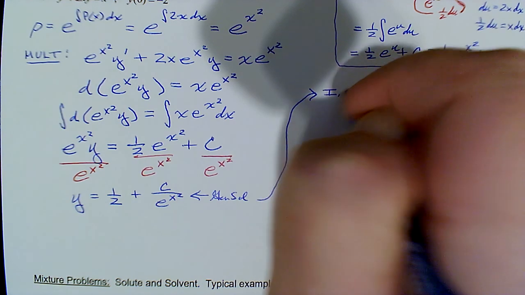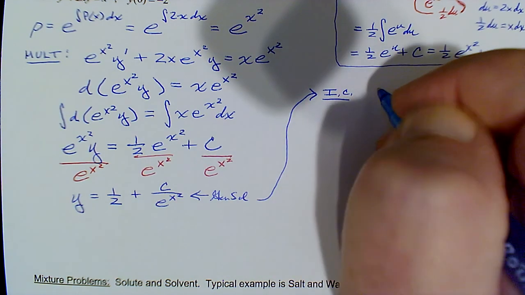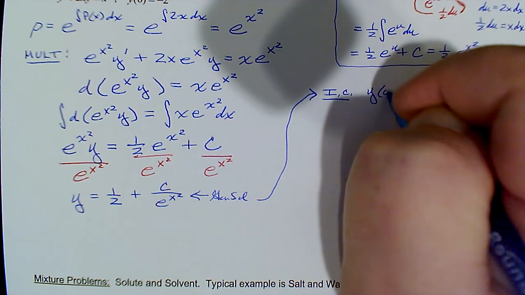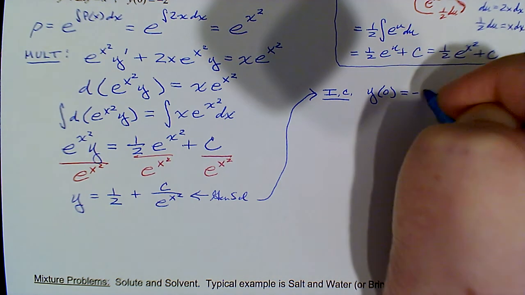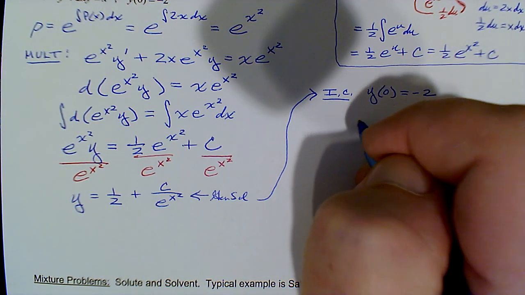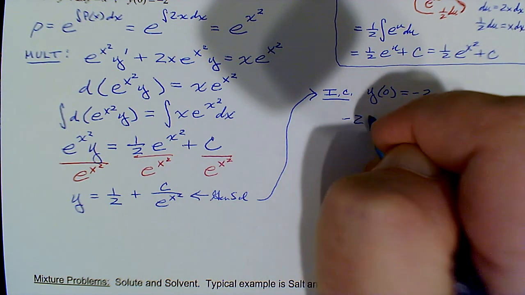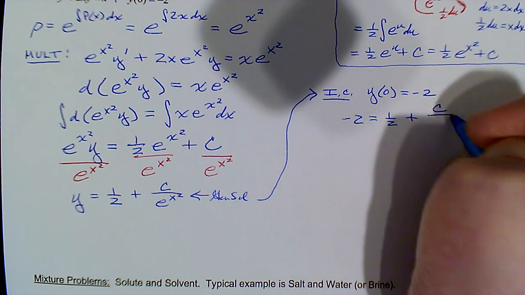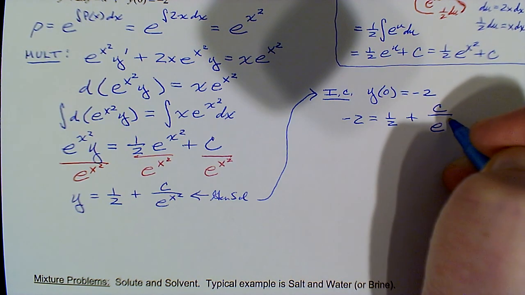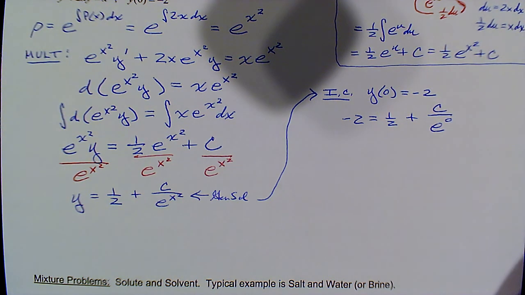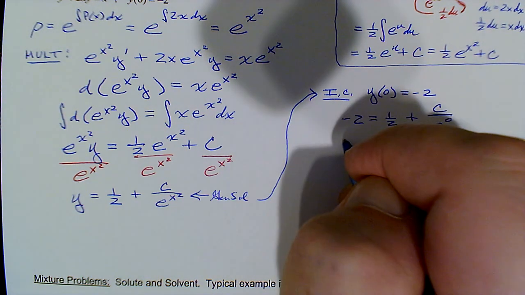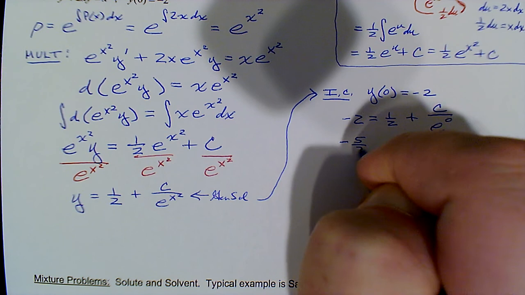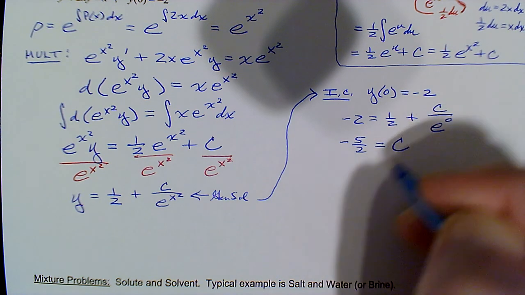For the particular, the initial condition, y of 0 is -2. So into the general solution, -2 is 1/2 plus c over e to the 0 squared, which is 0. So that gives us -5/2 equals c.